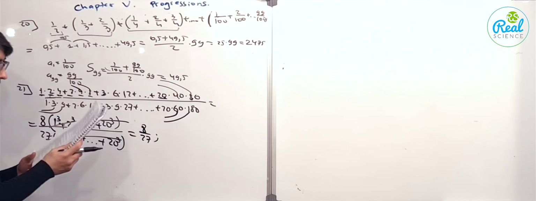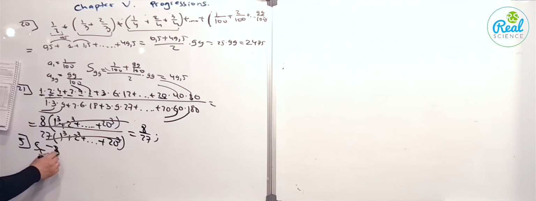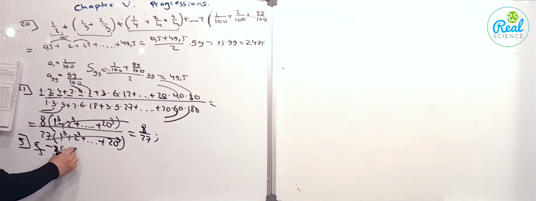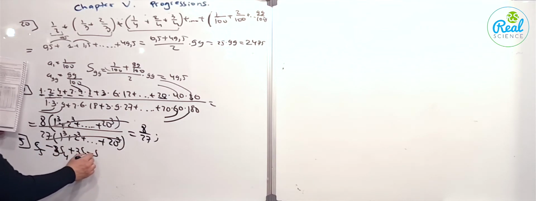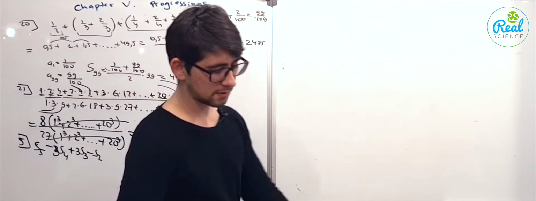Let's look at some problems from homework, because we have less time. S5 minus 3 times S4 plus 3 times S3 minus S2. If Sn is the sum of the first n terms of an arithmetic progression, find this one.